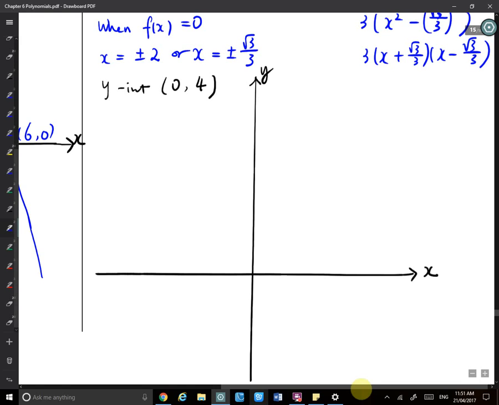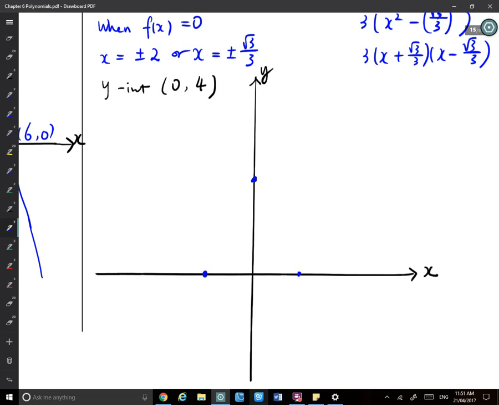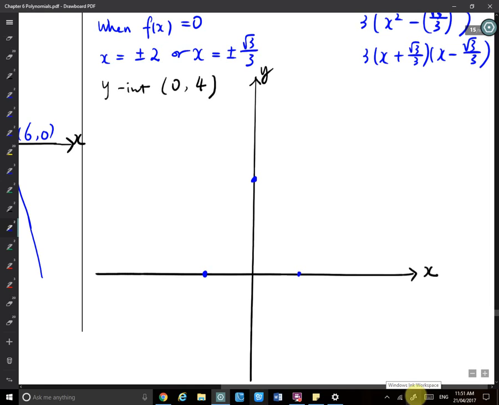Plus minus 2, and you have plus minus root 3 over 3. You don't know how large that is, but it's obviously less than 1. So let's say it's here and here. But it's symmetrical about 0, right? Go right that many units, go left that many units.